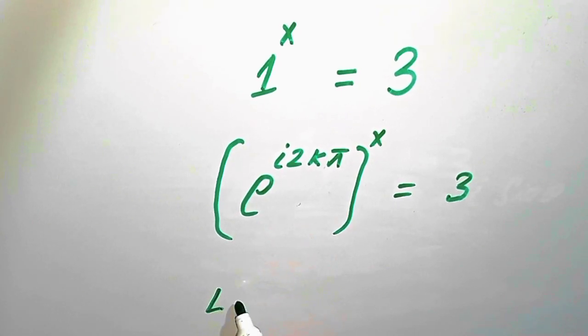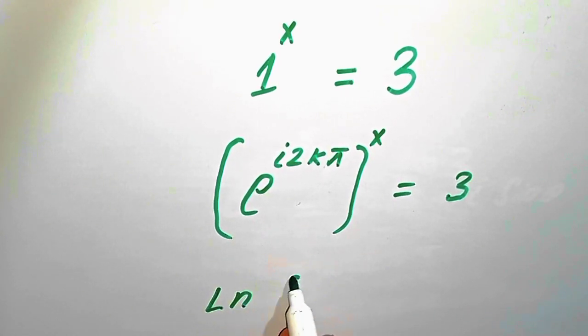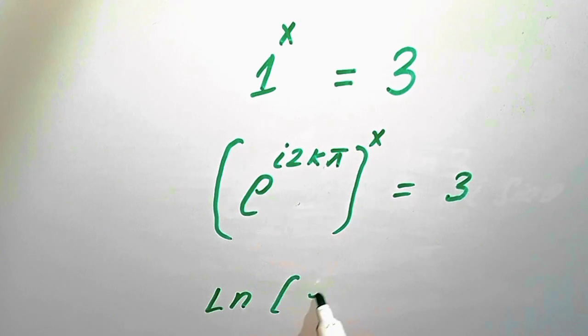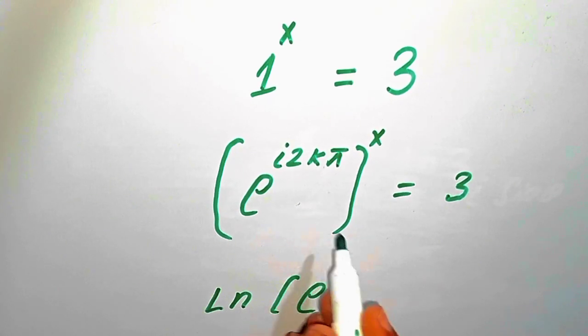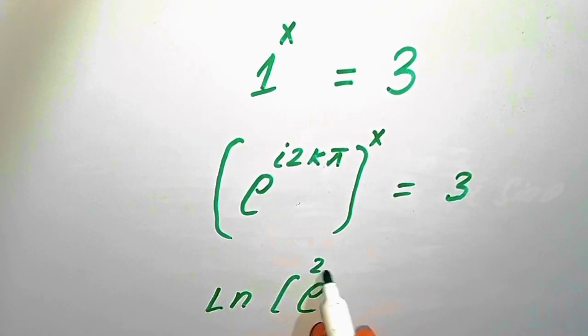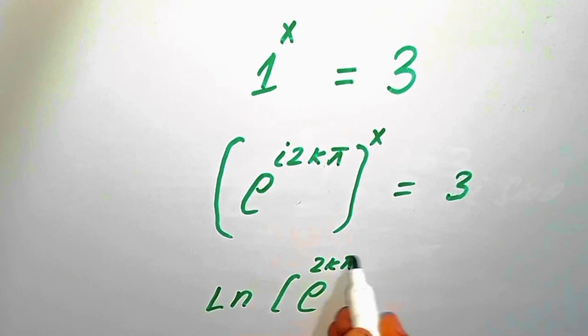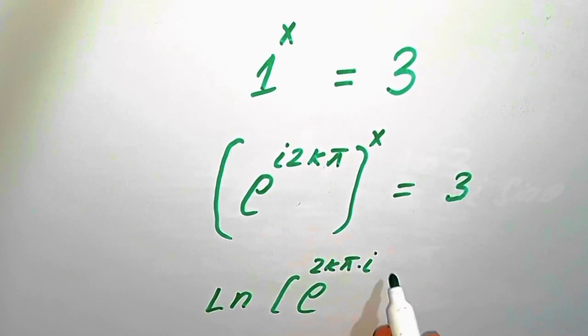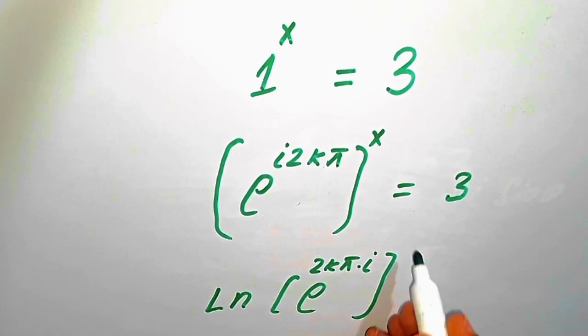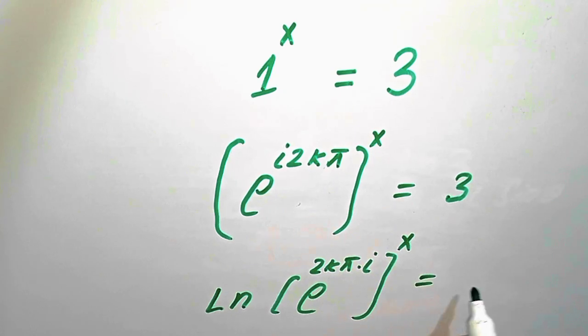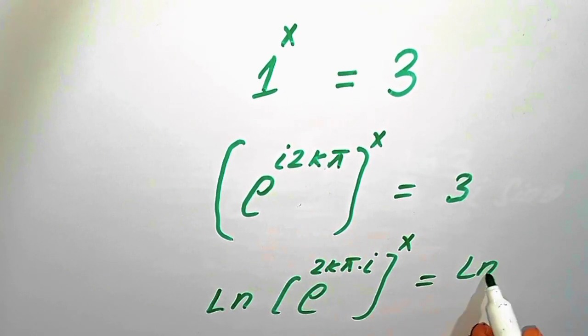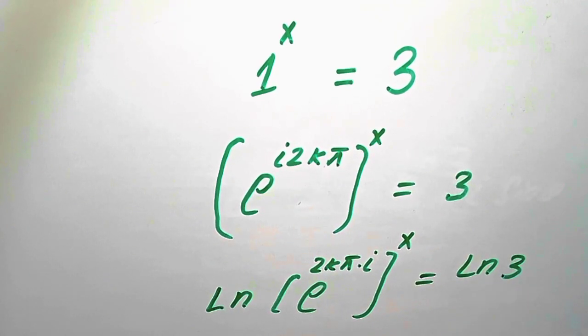So our expression becomes ln of e power 2k pi iota, whole power x, is equal to ln 3.